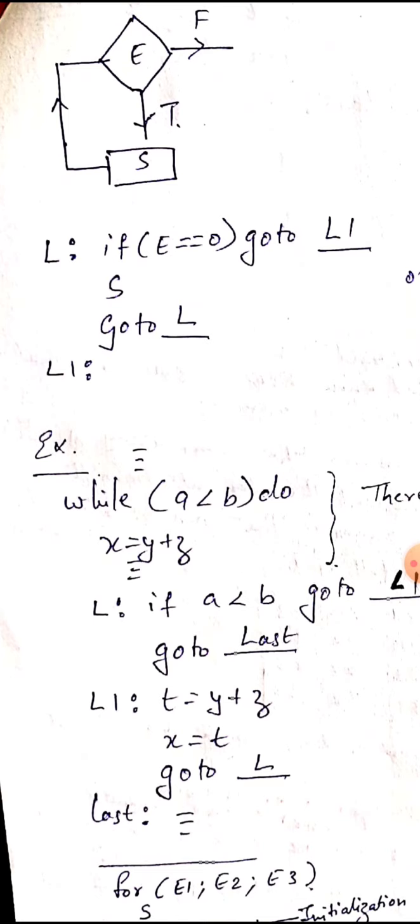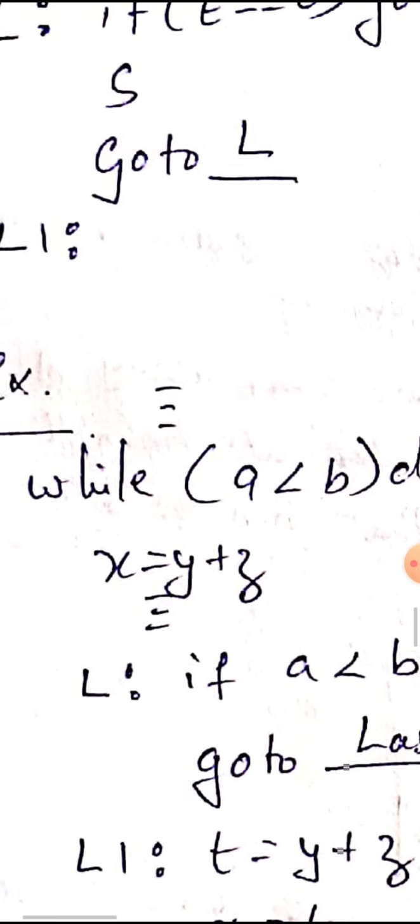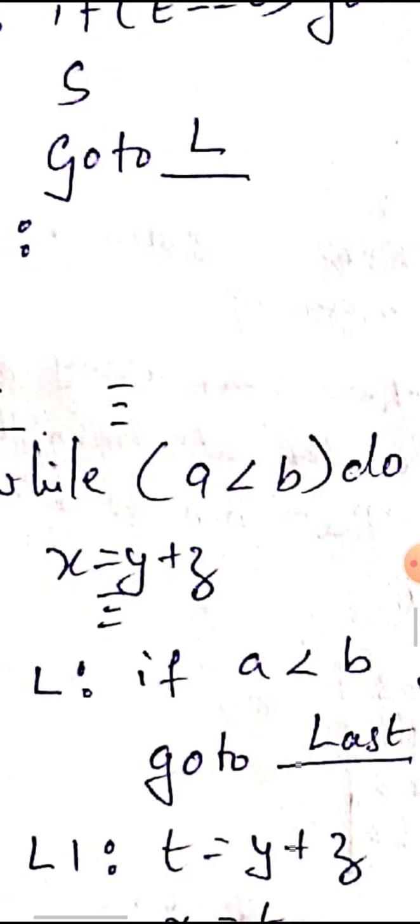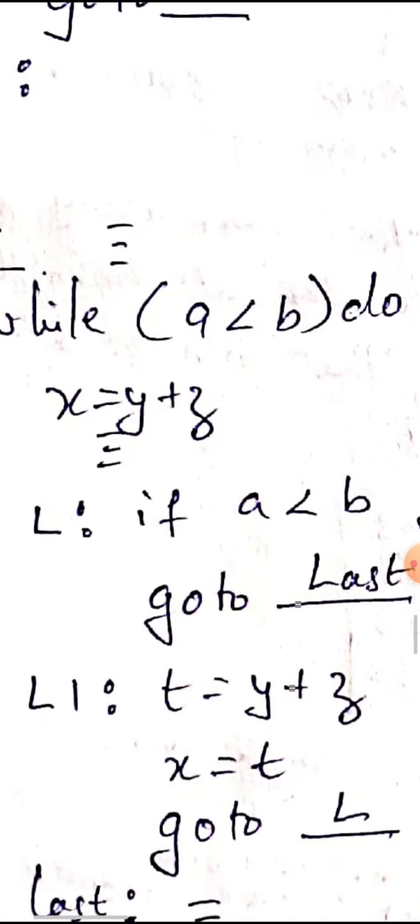There may be an infinite loop, understand, as in this case a or b is not modified. This is just for an example. In the while loop, a is less than b, and x equal to y plus z, only this much is there. So a or b is not modified, resulting into an infinite loop. Such types of things may also be possible, right?